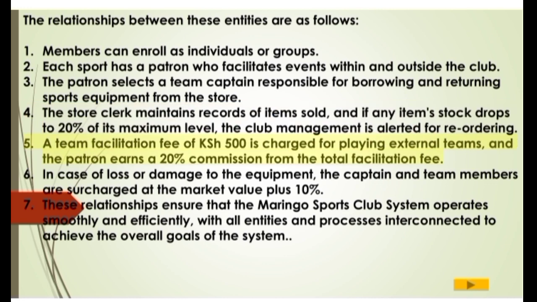A team facilitation fee of KSH 500 is charged for playing external teams, and the patron earns a 20% commission from the total facilitation fee. 6. In case of loss or damage to the equipment, the captain and team members are surcharged at the market value plus 10%. 7. These relationships ensure that the Maringo Sports Club system operates smoothly and efficiently, with all entities and processes interconnected to achieve the overall goals of the system.